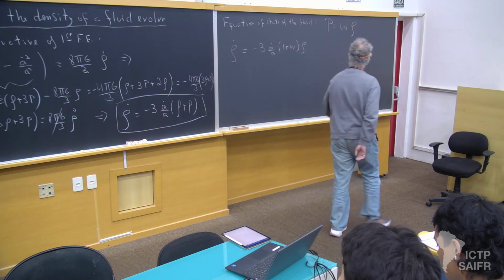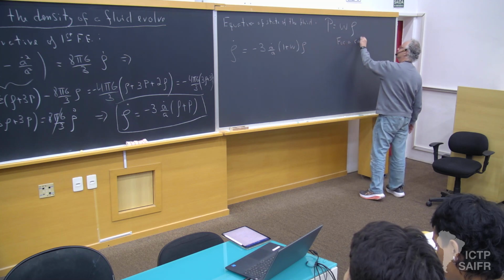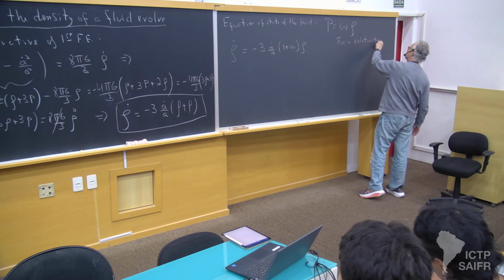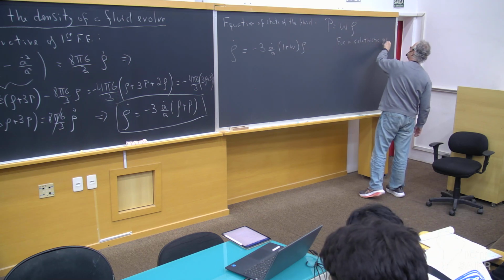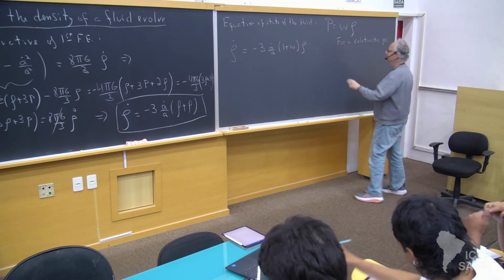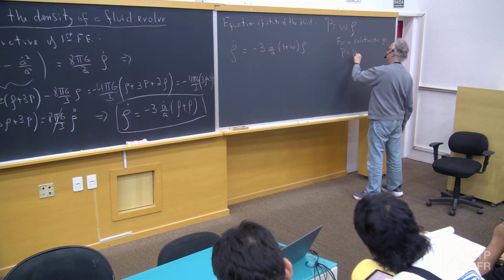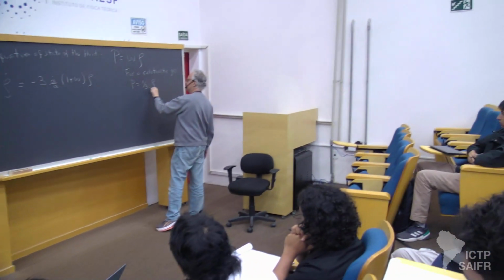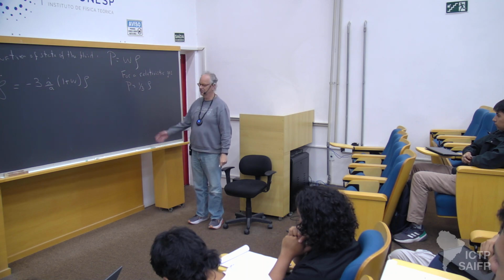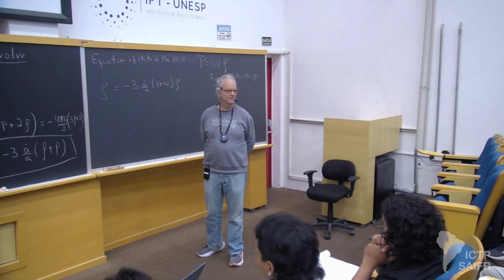So for a relativistic fluid, if you do your statistical mechanics, something you study, you can derive this relation. Okay? So this is something we're going to use. Just an example.